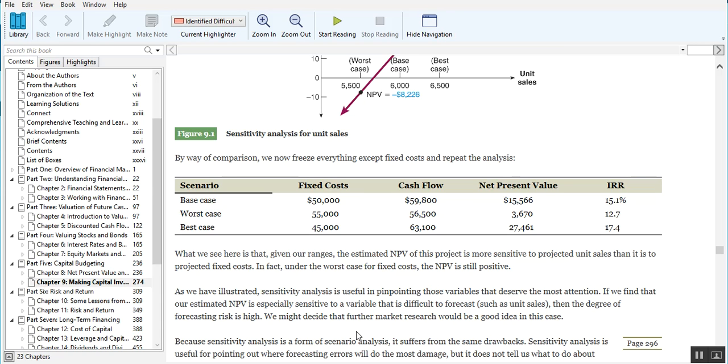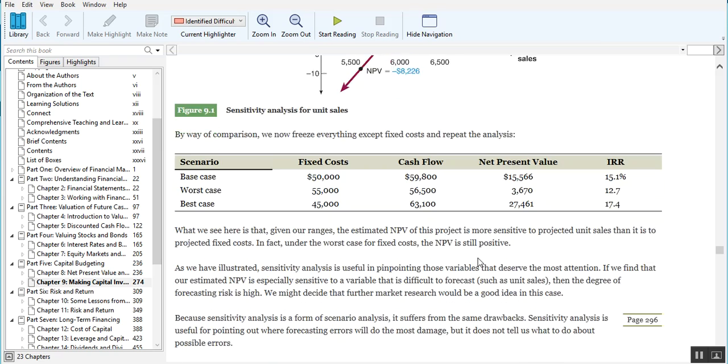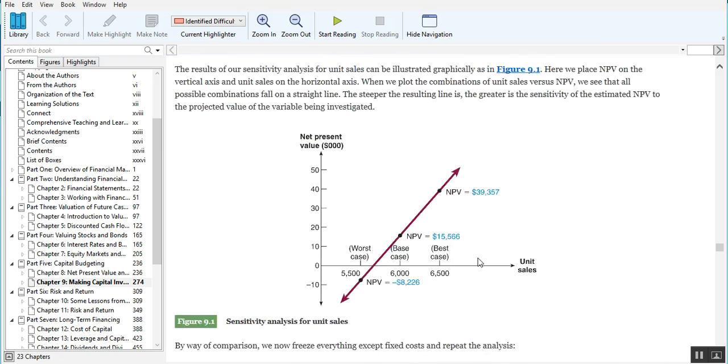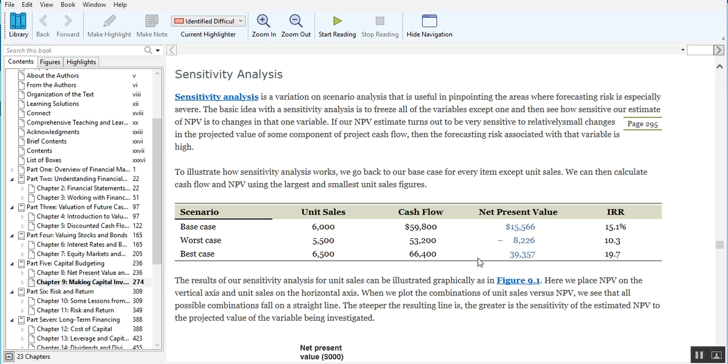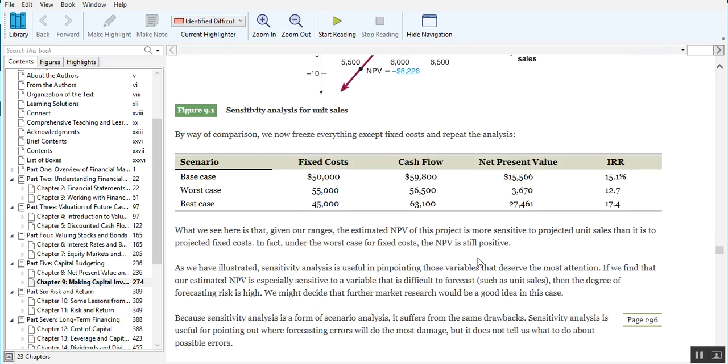In fact, in the worst case for fixed costs, the net present value is still positive. So what they're saying here is that there are elements of the calculation that cause this number to be negative or impact it more than others.